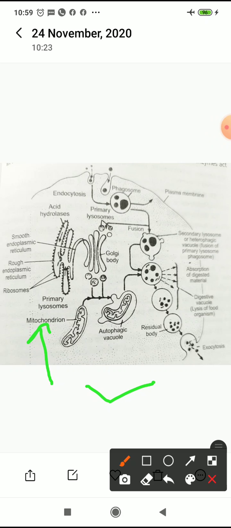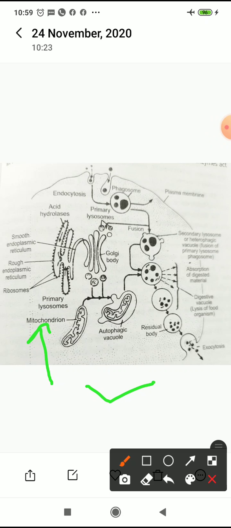Some of the enzymes of lysosome are nucleases, for example, acid ribonuclease or deoxyribonuclease.